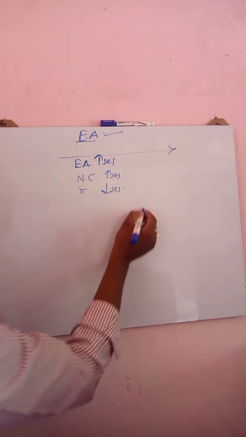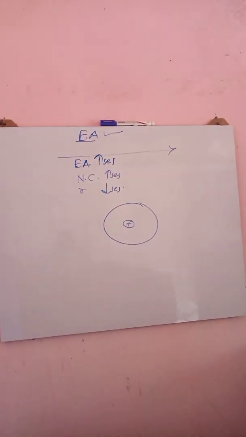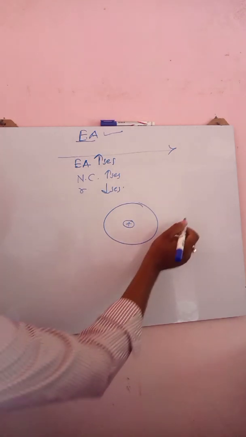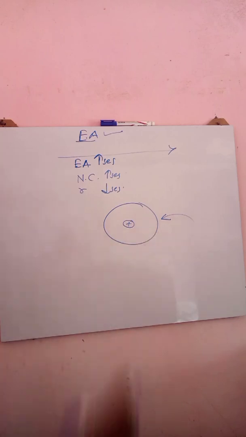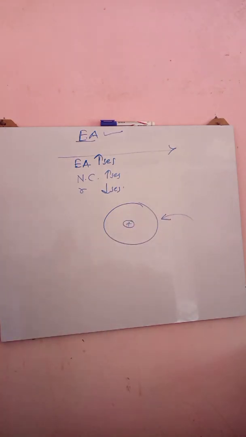So when size is small, the force of attraction generated by the nucleus for the electron will be more. It means the upcoming electron will feel more attraction. So easily an electron can be added. That's why electron affinity increases when we move left to right.